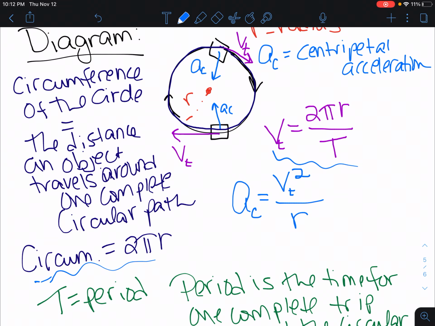It just means the net force towards the center. So the notes for this, your foldable, upload your pictures of this to the assignment. And then you will do the practice problems, and you need to upload photos of your practice problems when you complete those as well. If you have any questions, please let me know, and I would be happy to answer them for you.